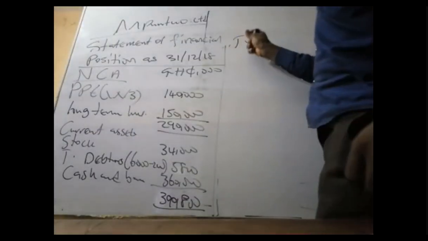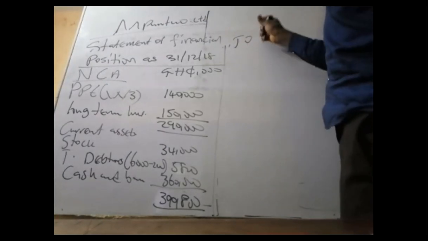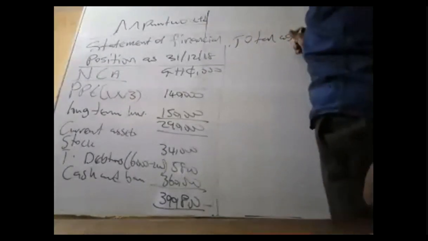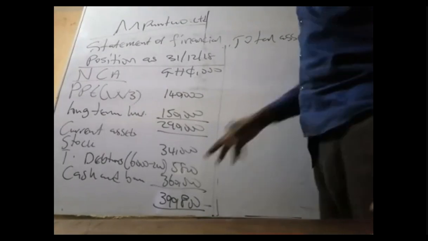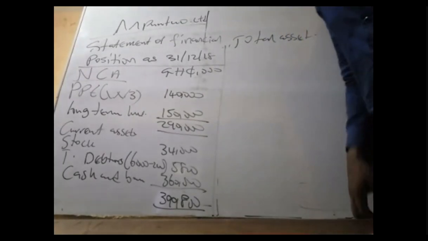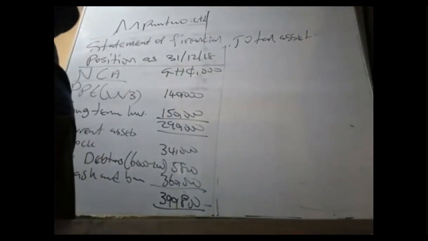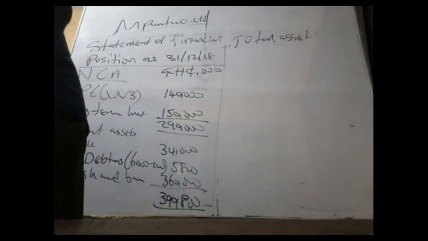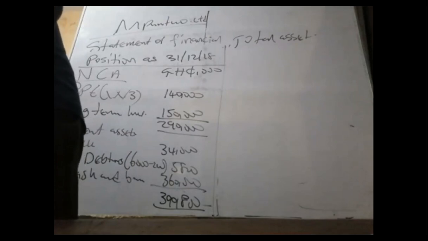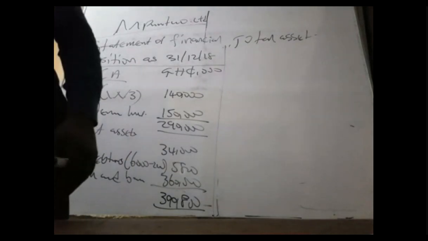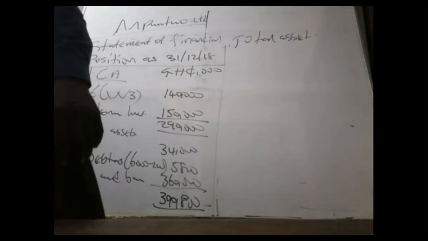My data access will not go there, so let me go and do the data set at a different section. So total assets to be here. Adding this to this, you get something like 6,898,000.